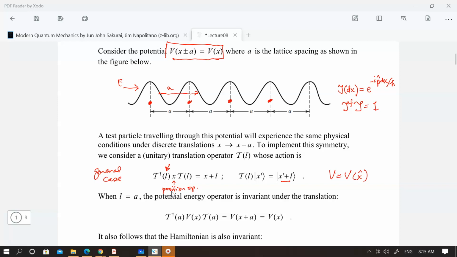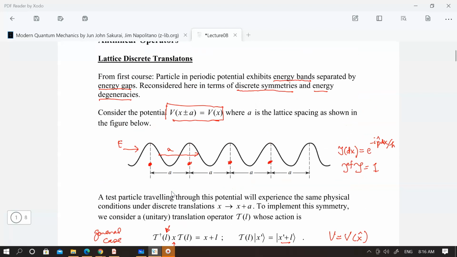So we say that the potential operator is invariant under this translation. Not the general translation, but the translation by what I call the lattice distance. That's why the topic is essentially discrete translation, not arbitrary translations.